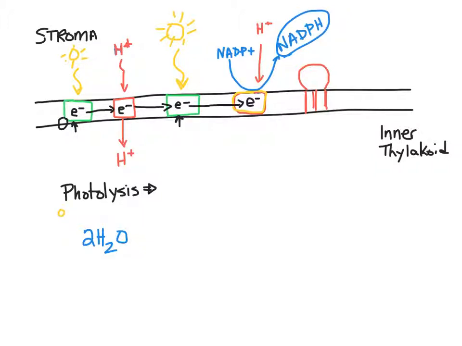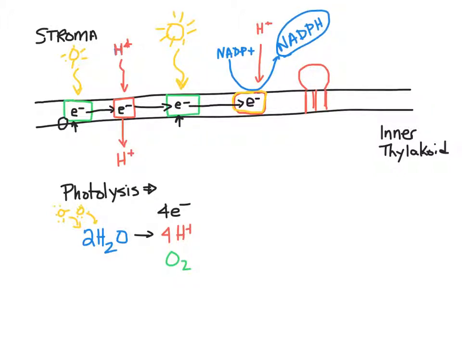And you have 2 photons of light striking it. And it's going to lysis, cut, using light. You're going to break apart water, and what you end up getting are 4 electrons from the hydrogen, 4 protons, and an oxygen molecule. Okay?